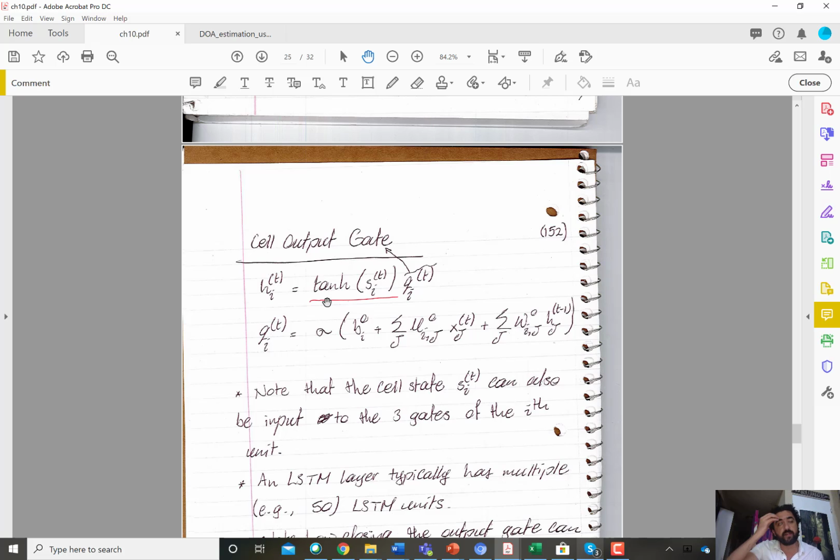So tanh here, or in general in recurrent neural networks, for their outputs, they use what's known as squashing or squeezing nonlinearities, and that is to avoid explosion and vanishing in both forward and backward propagation.